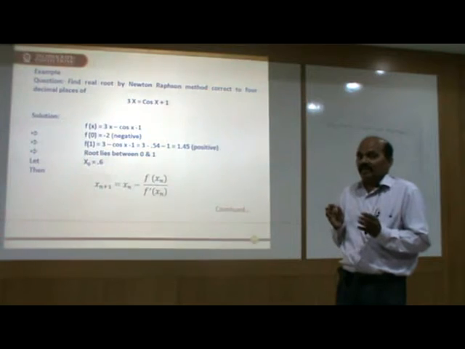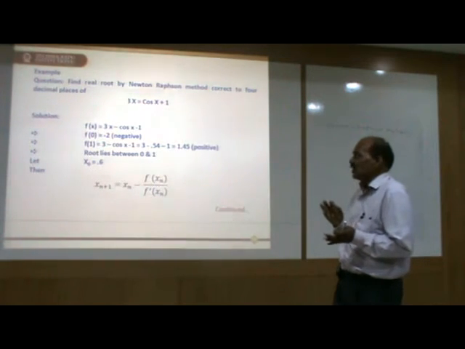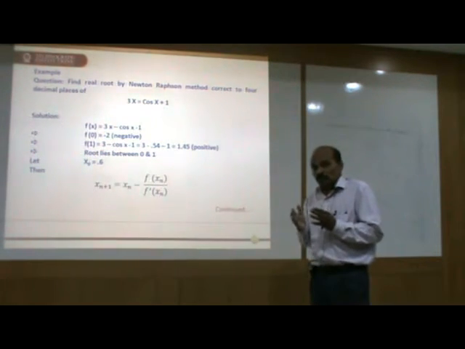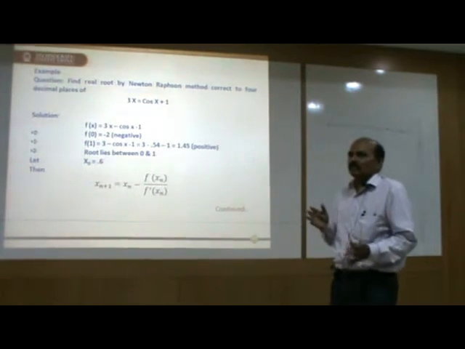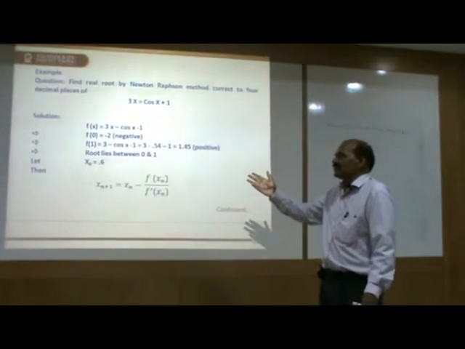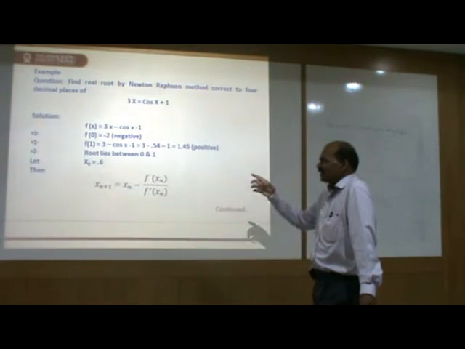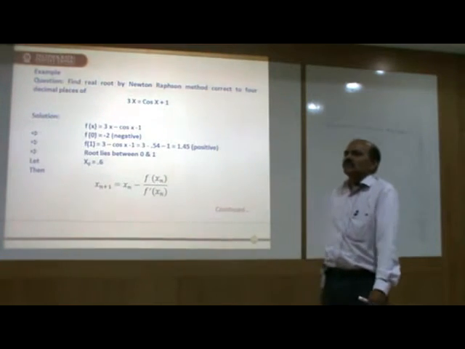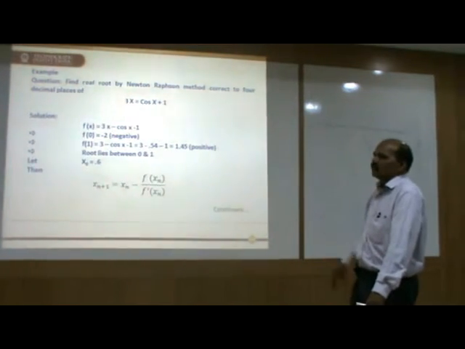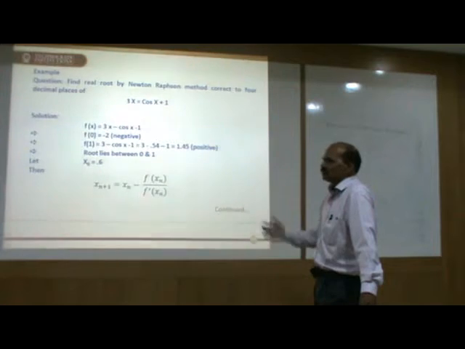But we should take care whether this initial approximation is closer to the root or not. So we have taken the initial approximation x0 is equal to 0.6. Then putting this x0 is equal to 0.6 in the formula of Newton's Raphson method, we shall get the first approximation x1.